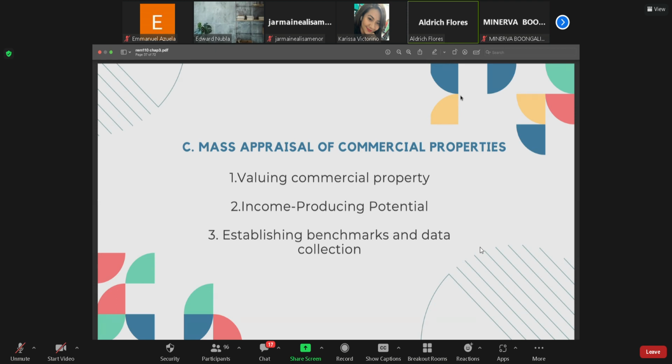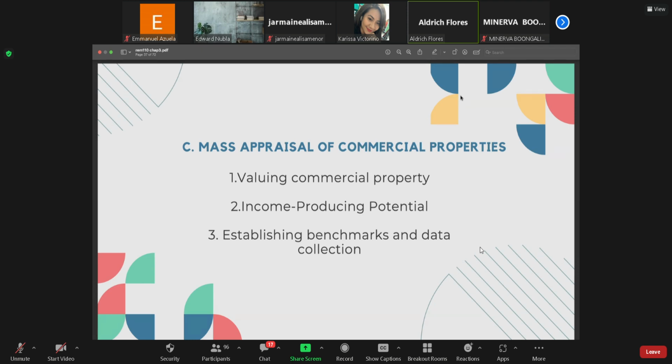Number two, income producing potential. Pag-appraise ng commercial property, importante na malaman natin yung income producing potential nito, lalo na sa mga property na kadalasang binibili or binebenta for investment purposes. So ano ba yung income producing potential? Una, kailangan natin mag-gather ng data about sa rental rates. So magkano ba yung bayad sa renta ng mga similar properties within the area? Pangalawa, kailangan nating malaman yung typical income and expense items.